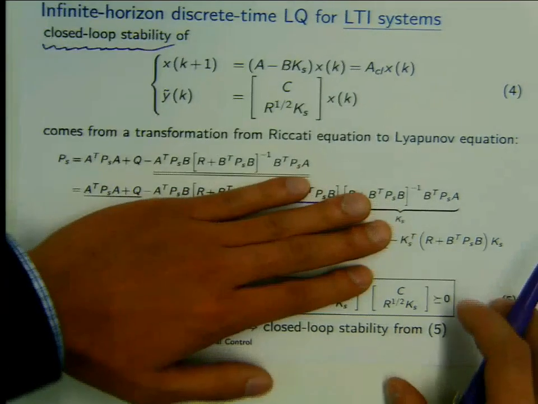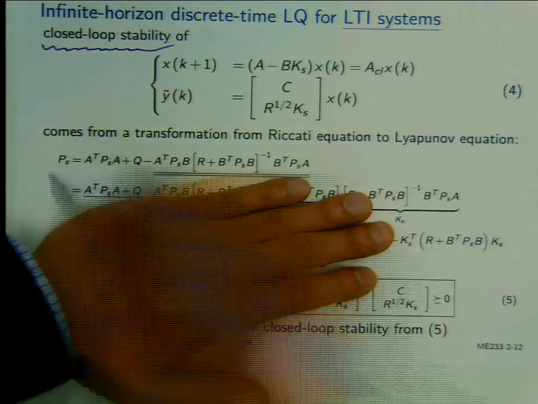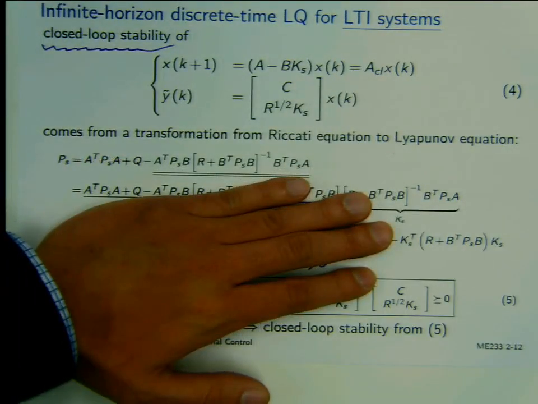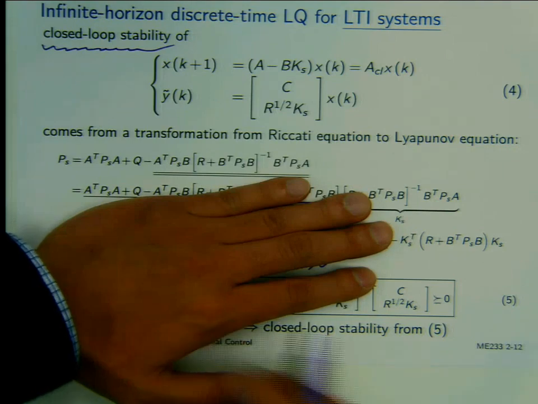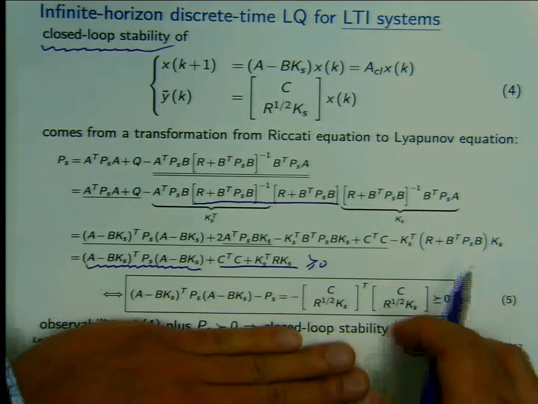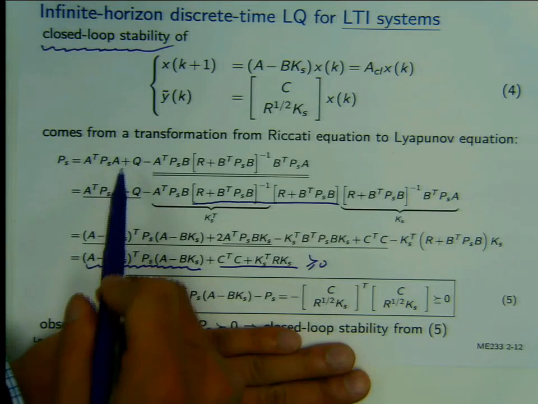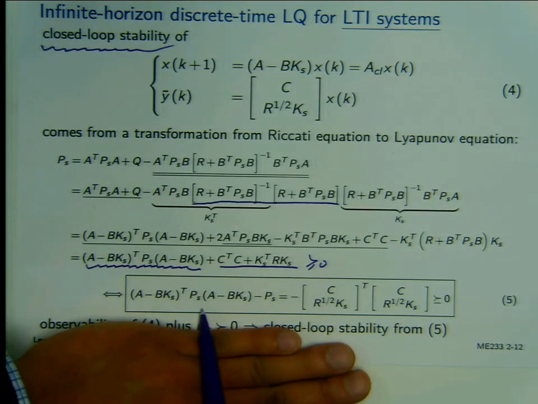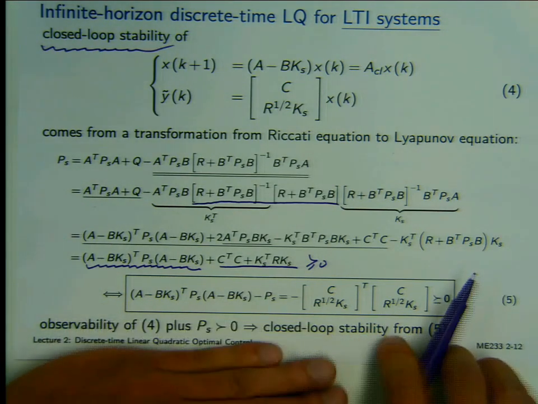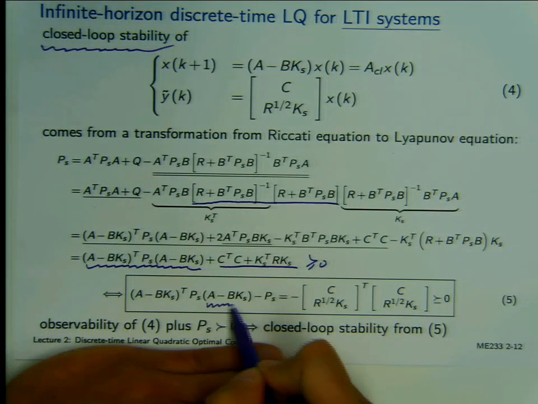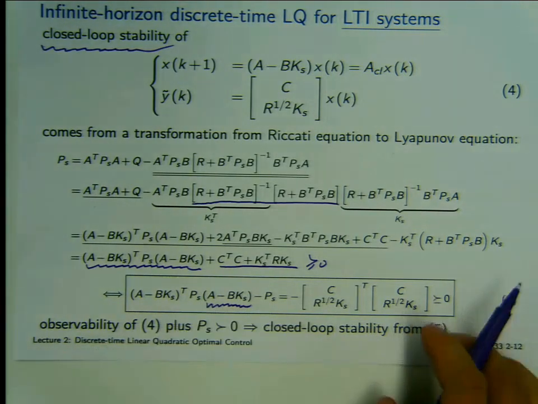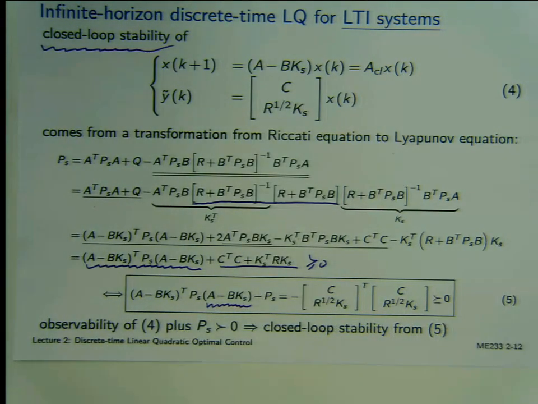From here, PS is positive definite. That comes from our previous analysis that AC is observable. What I have done is massaging this algebraic Riccati equation into a Lyapunov-like equation. If I do that, then I can show the stability conditions for the closed-loop system. So I think you should accept the condition.